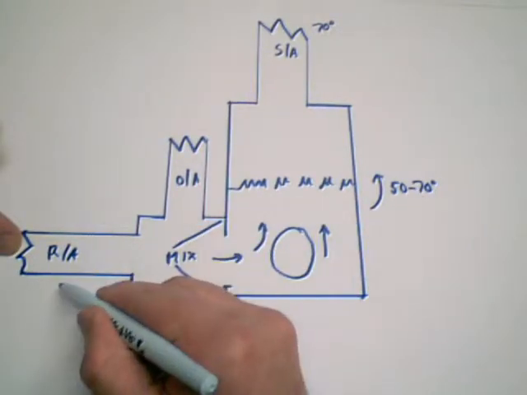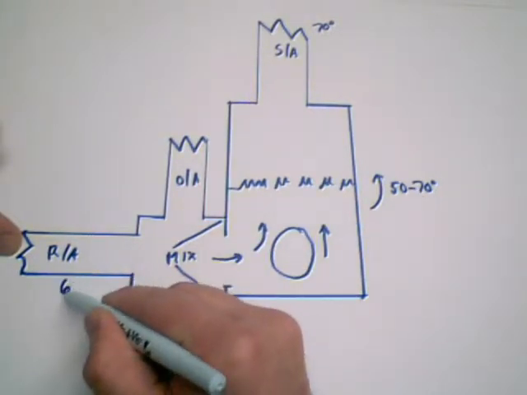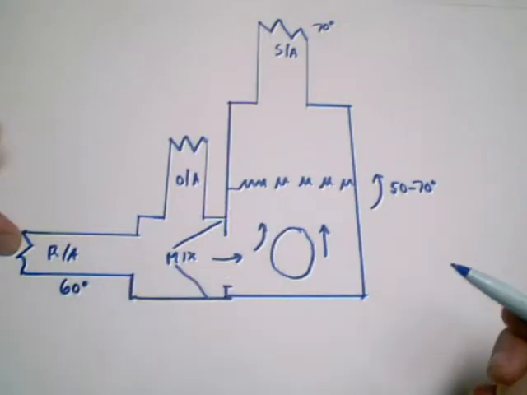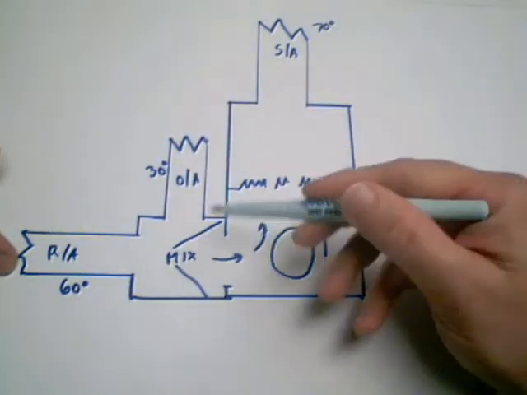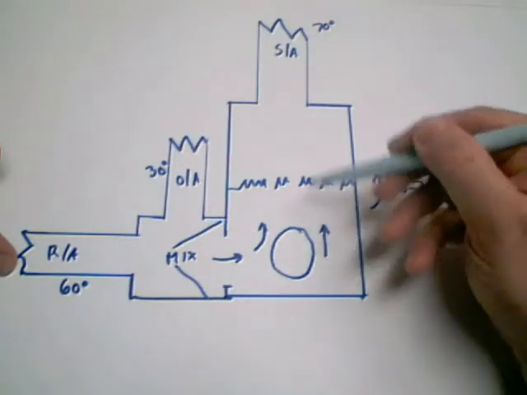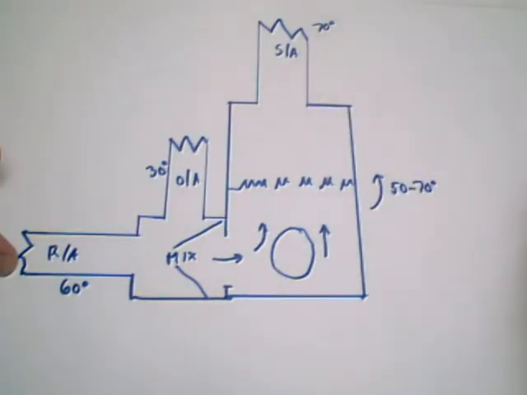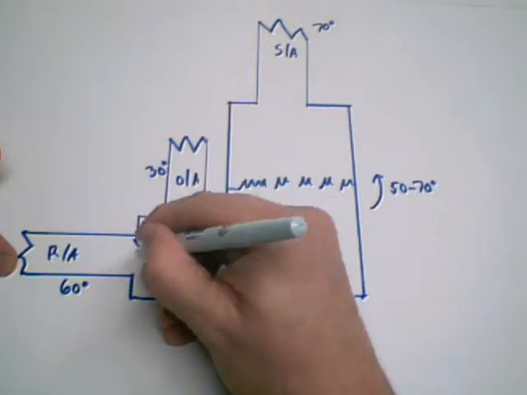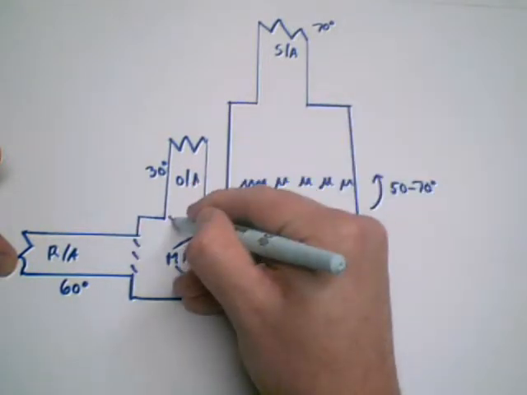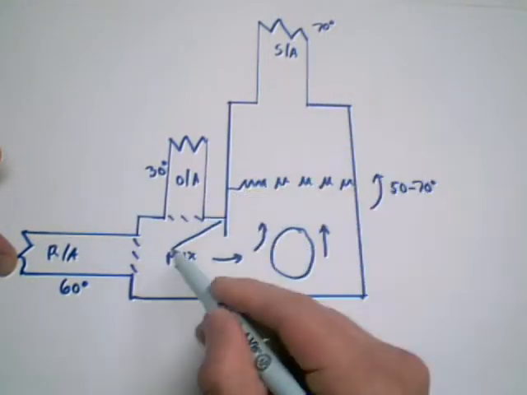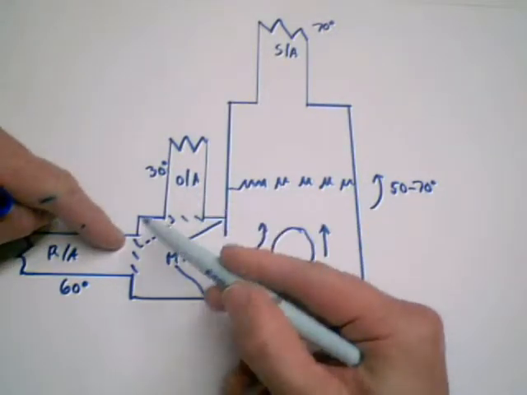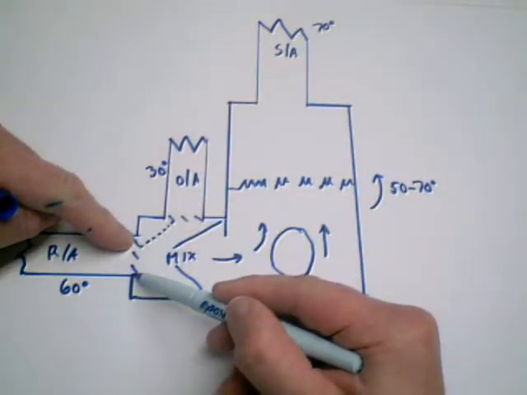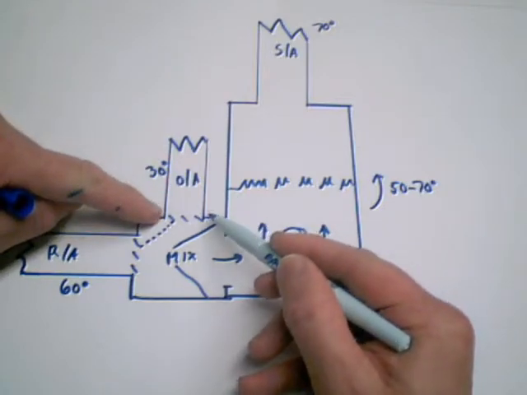So for example, if we had return air like before of 60 degrees, perhaps our outside air is 30 degrees, we want to mix those two together and then warm it, and out it goes the supply air. To do that, there's little dampers in here, in each one of these. And these are linked together with a little linkage so that if, for example, this one's completely shut, this one would be completely open.